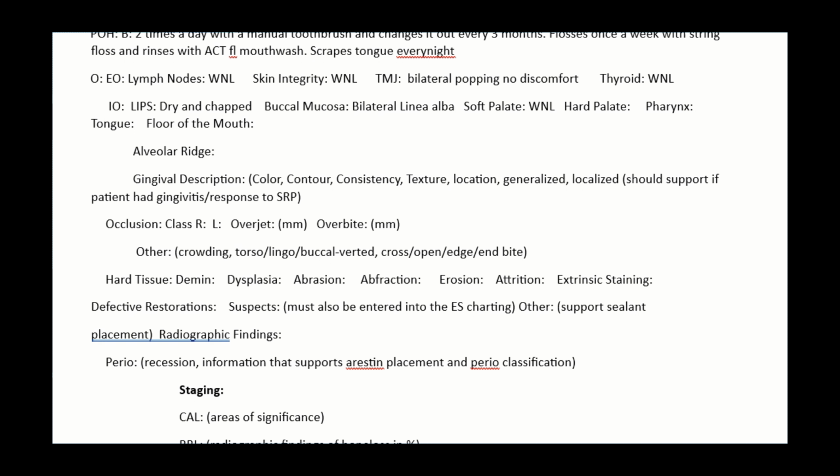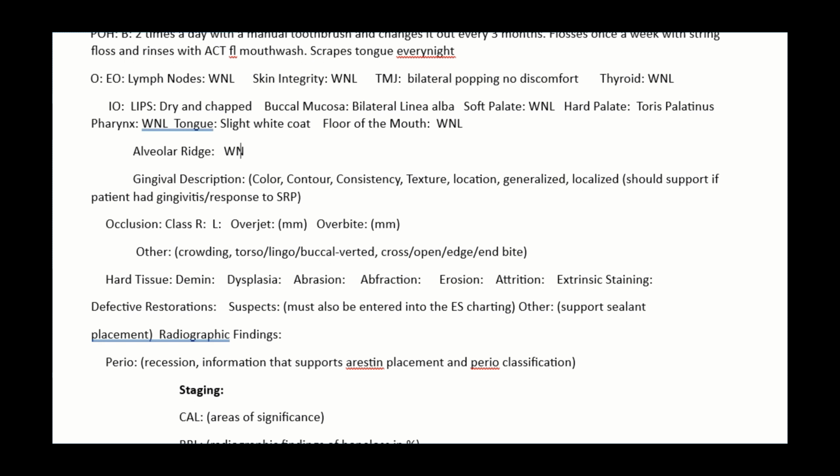Hard palate, let's say the patient has torus palatinus. Pharynx within normal limits. Tongue has a slight white coat. And the floor of the mouth is within normal limits.